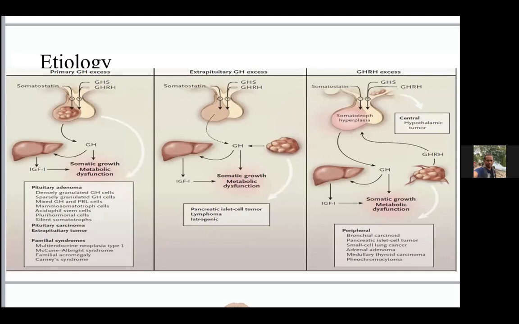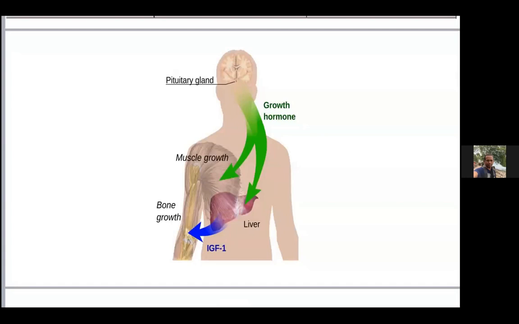So what happens when this growth hormone is released in excess? The growth hormone per se reaches the receptor situated over the muscle. One of the major functions of growth hormone is protein metabolism, wherein it converts amino acids into muscle mass or protein, where you have hypertrophy of the muscle or the organ.